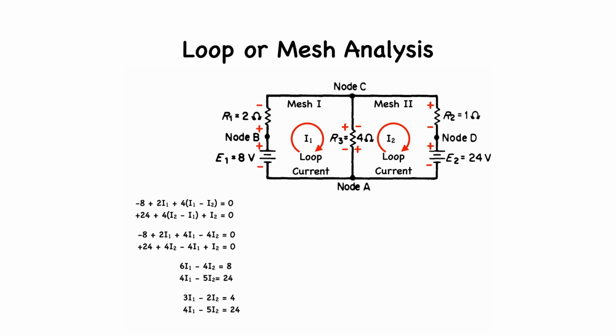We would now like to reduce the two equations to one equation with one unknown. Let's first solve for I1 by multiplying the first equation by 5, and this gives us 15I1 minus 10I2 equal to 20. And the second equation we'll multiply by 2, which gives us 8I1 minus 10I2 equal 48.